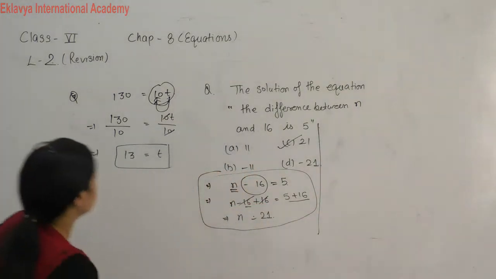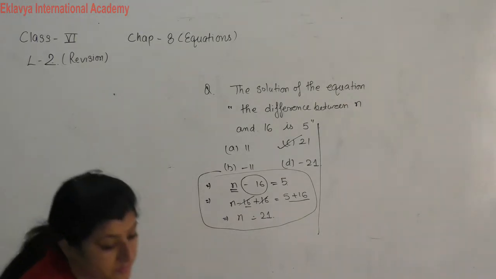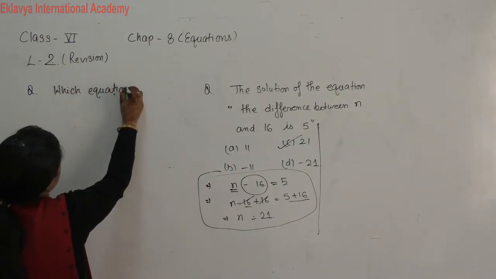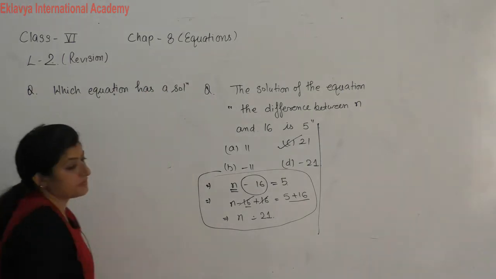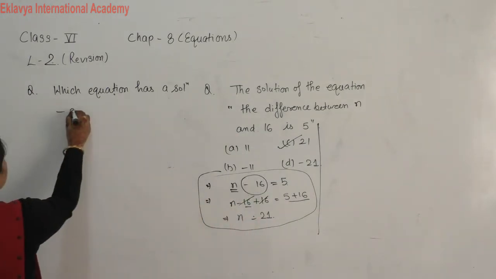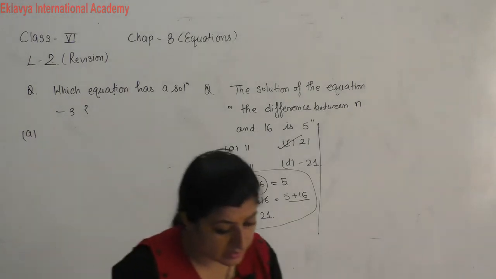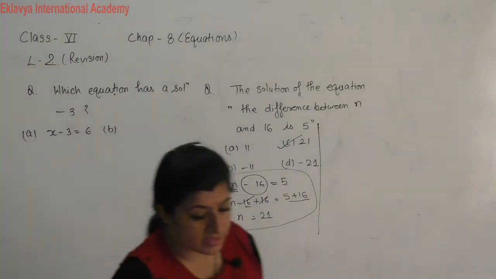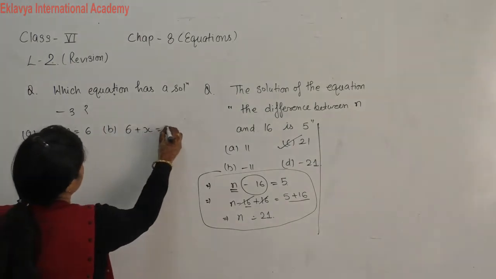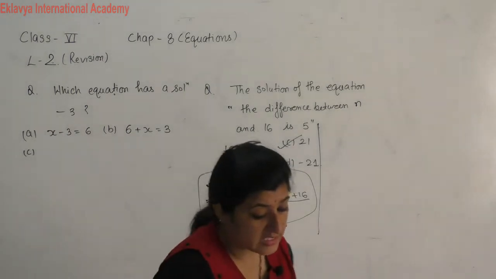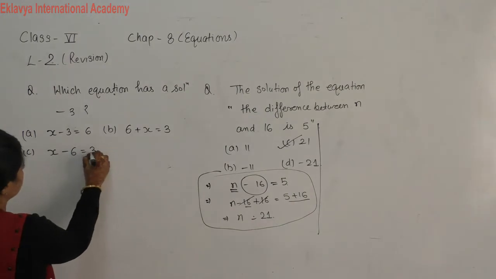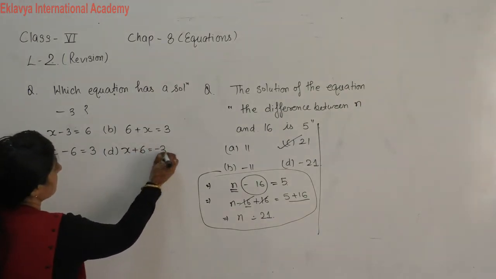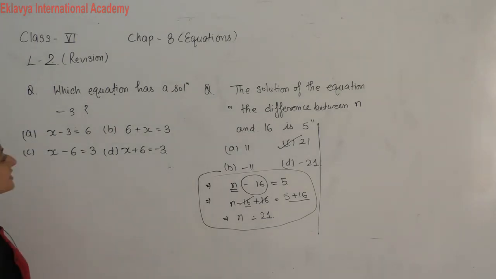Here is one MCQ. The equations given to you are: A, x minus 3 is equal to 6; B, 6 plus x is equal to 3; C, x minus 6 is equal to 3; and D, x plus 6 is equal to minus 3. Now see, in this which equation has a solution minus 3?